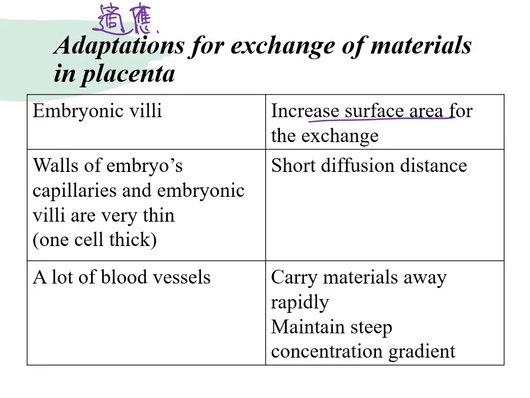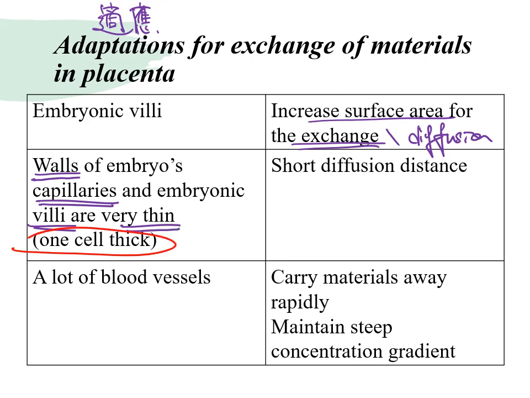Besides increasing the surface area for exchange or diffusion, the wall of the capillary of the embryonic villi, they are very thin. You just tell me they are 1 cell thick. So it gives a short diffusion distance.